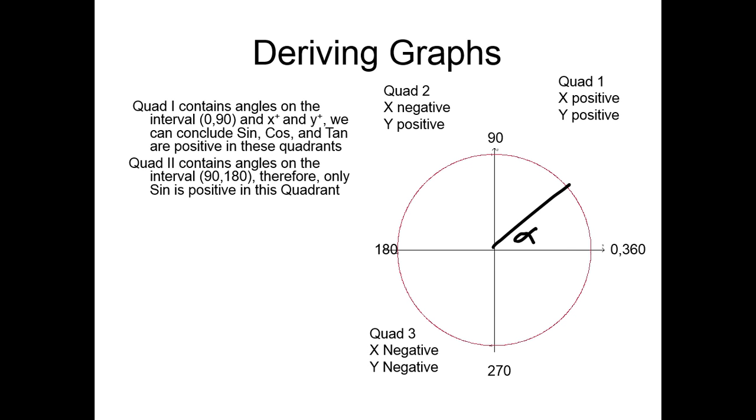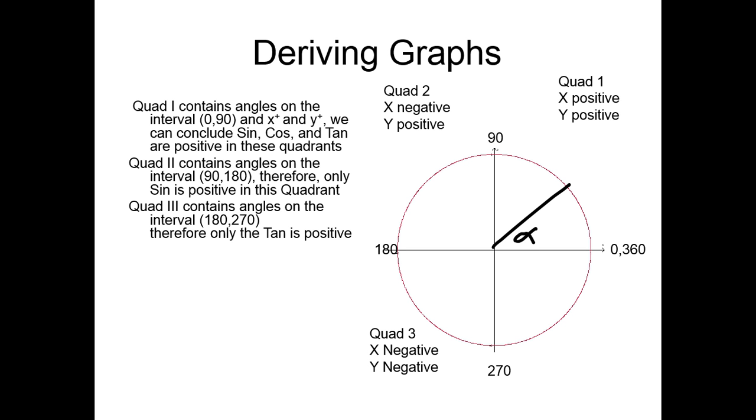Quadrant 3, of course, both x and y are negative. X being cosine and y being sine are both negative. The ratio of sine over cosine is the tangent, which would be positive. Any angle in that quadrant is between 180 and 270.